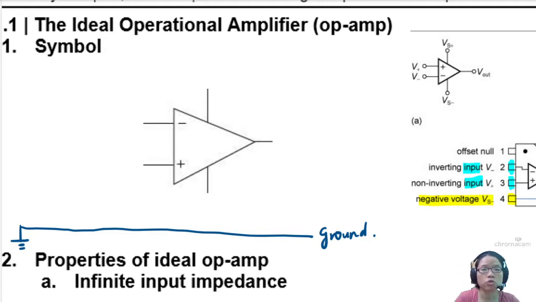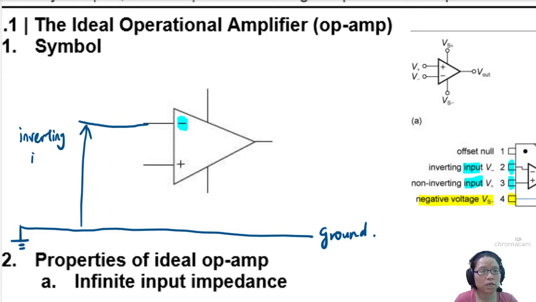So this minus is inverting. Whatever you apply to this connector, the potential from here to ground is known as the inverting input. The symbol that we will use is V minus. Sometimes they put the minus on top.